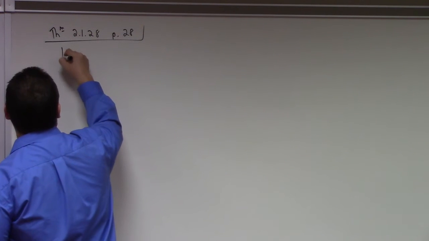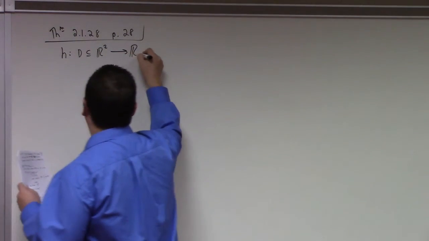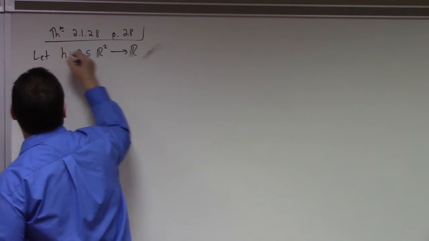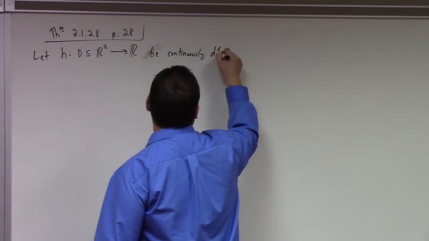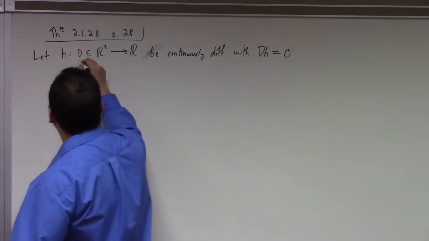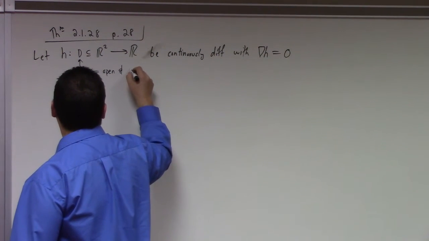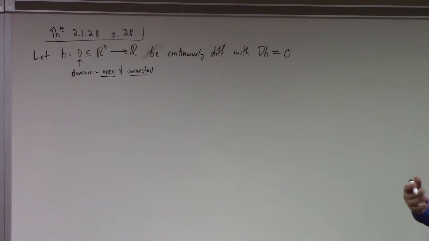Suppose H, from D, some subset of R2, to R, is continuously differentiable, with the gradient of H equal to 0. And here I'm assuming that D is a domain, which means what? Open and what else? Connected, right? Open and connected, a domain. So if you have a continuously differentiable function on an open connected set, and the gradient of H is 0, what does that imply about H?